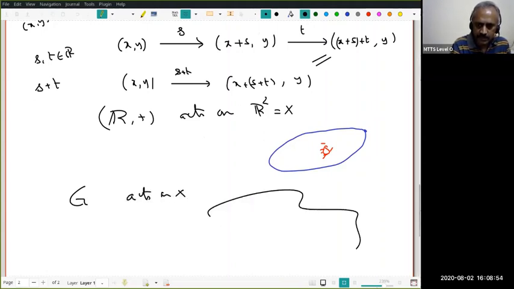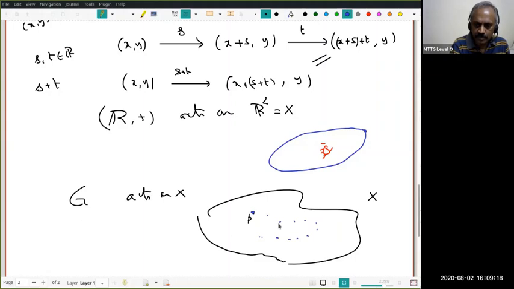Let us look at the picture. This is my X. Start with an X. Let us call it X naught if you want, or let me call it P, a point. Right. This is a point. Now, as G acts, this P gets moved to various things. You understand that? Let us say G acts, then these may be the various points.